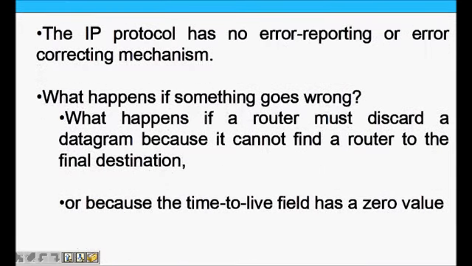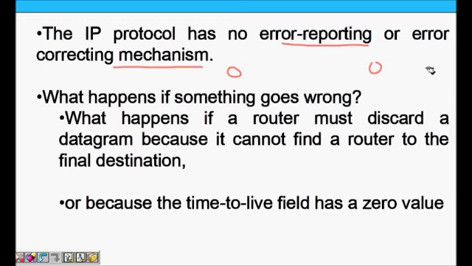We see here that the IP protocol has no error reporting or correcting mechanism, so it uses ICMP messages. You can consider the network to be a group of people, like routers.